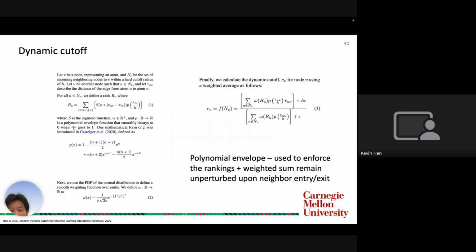And the reason we do this is to ensure that if some node T is about to leave the fixed cutoff radius, we don't want the other rankings to jiggle and be perturbed, right? So if some atom is about to leave the fixed cutoff, we don't want any perturbations to occur, which will lead to, again, a discontinuity in the energy surface.